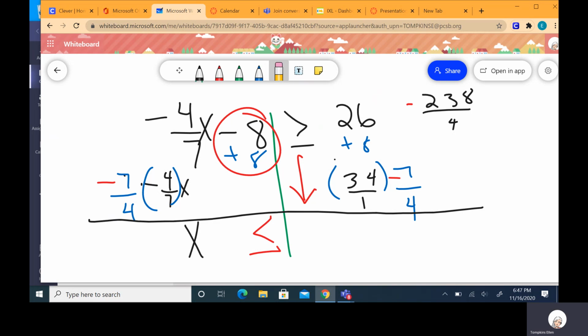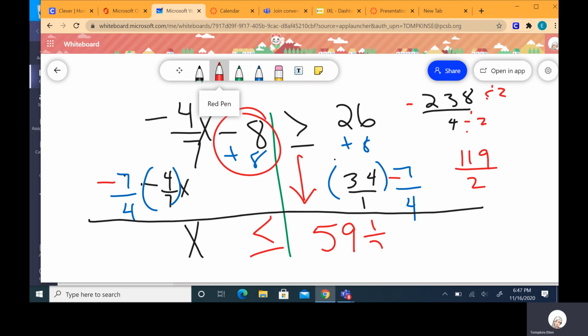All right, so now I am left with simplifying that. Well, they're both even, so I'm going to go ahead and divide by 2. And I'm going to get 119 over 2. Right? I simplify. All right. Which is going to give me 59 1/2.